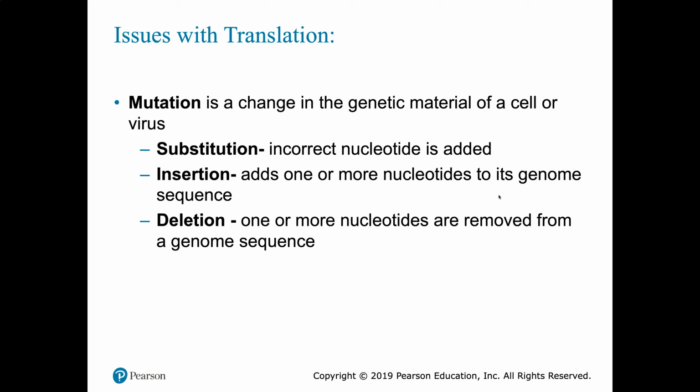That is a mistake. That's a substitution mistake. Insertion is when you add extra nucleotides to the sequence. So somewhere in the sequence, one or more nucleotides will be added.